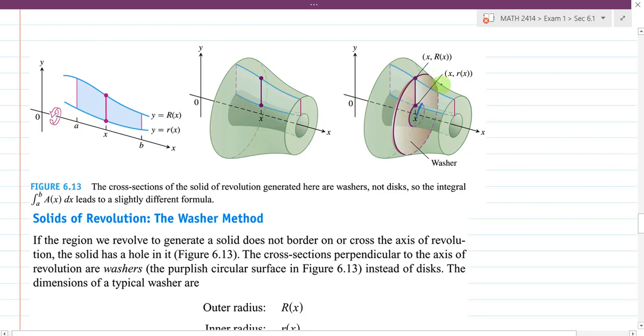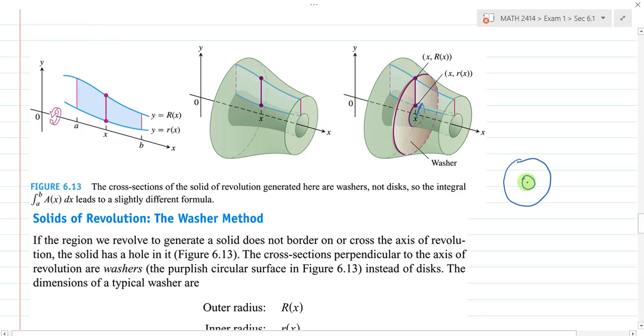And the way we would find the area of a donut, basically, we would have two radii. We would have an inner radius that's smaller, so we'll use a lowercase r, and an outer radius that's larger, so we would use the uppercase R. And the area of that washer is going to be the outer circle, pi R squared, minus the inner circle, pi times a little r squared.